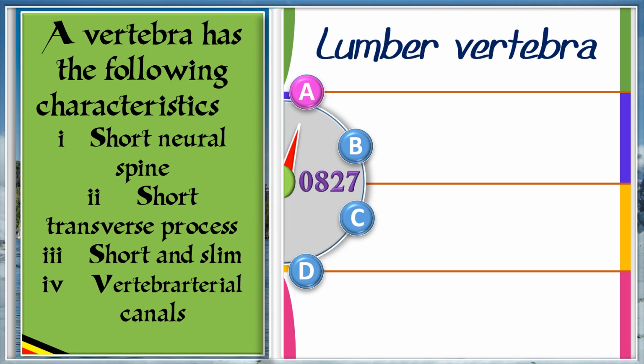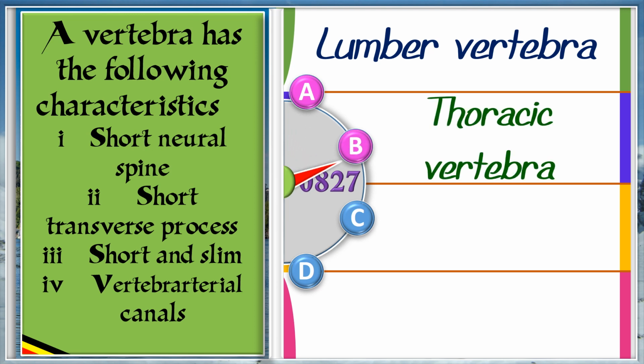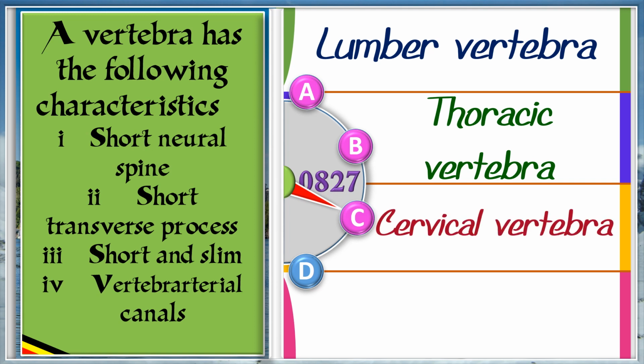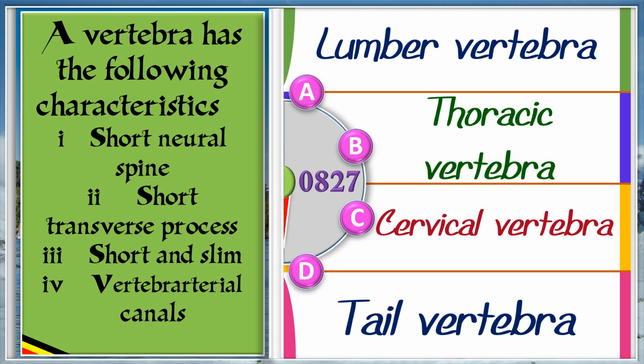A. Lumbar vertebrae. B. Thoracic vertebrae. C. Cervical vertebrae. D. Tail vertebrae. And the answer is C, cervical vertebrae.